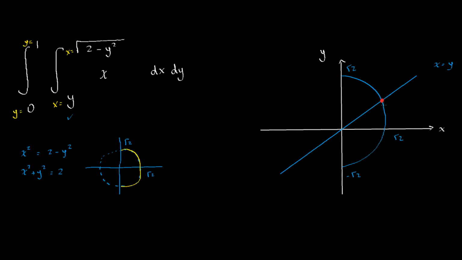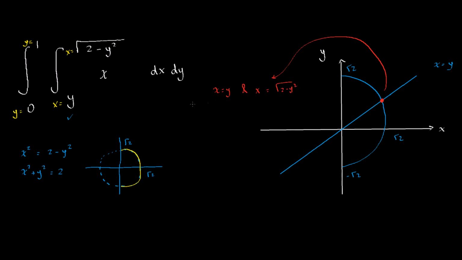It will be a good idea if we figure out the y coordinate of this point. How can we do this? This point is the intersection between two functions, x equals y and x equals the square root of 2 minus y squared. So if we want to figure out this point right here, we're going to do the simultaneous equations. We have x equals y and x equals the square root of 2 minus y squared.